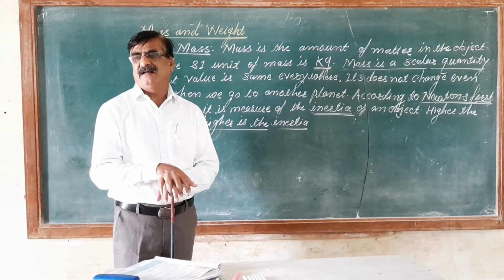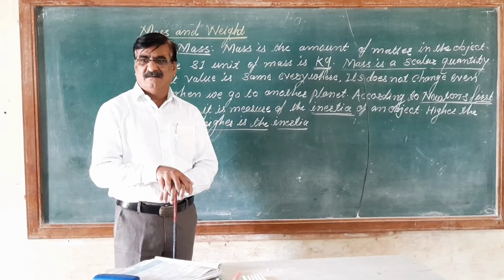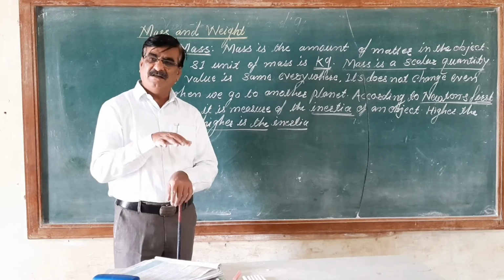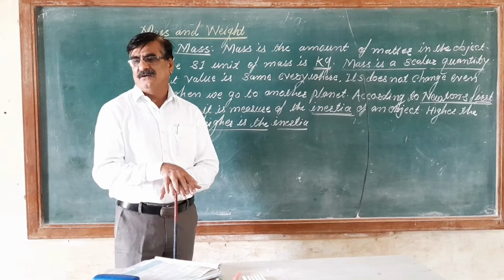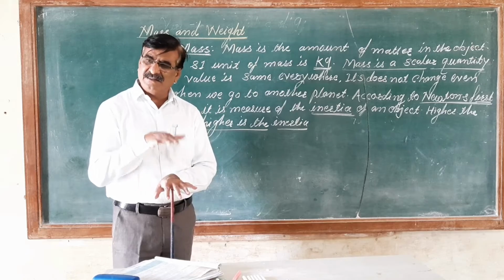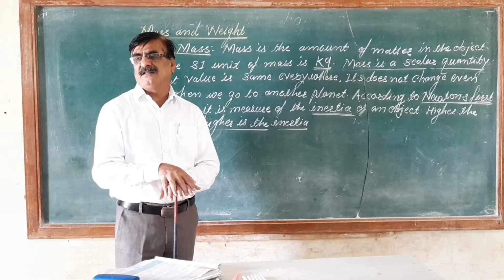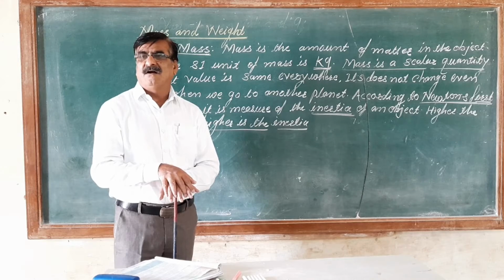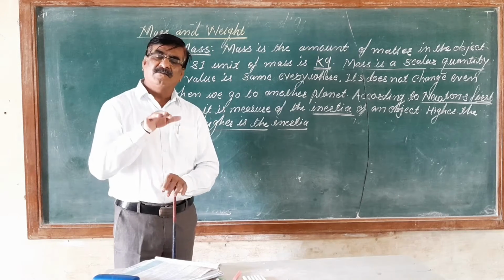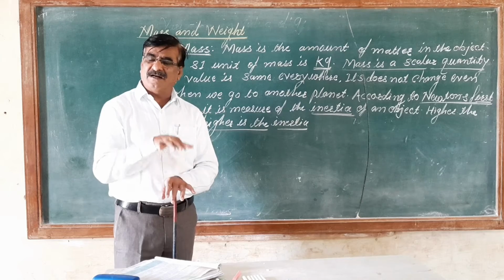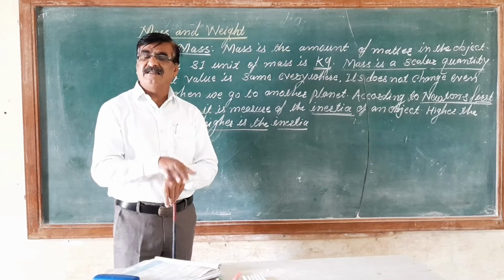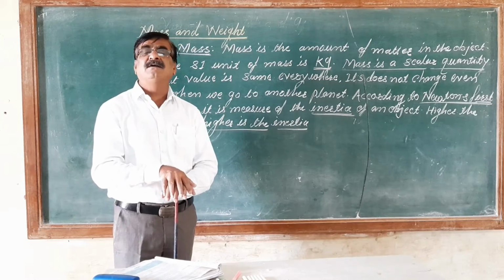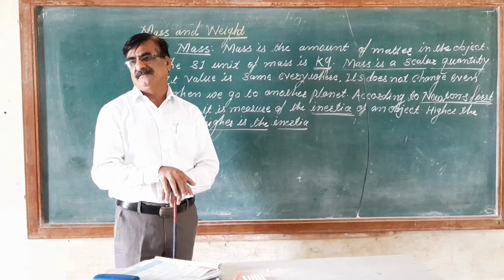उसका मतलब ये है जितना भी किसी ऑब्जेक्ट का पदार्थ का मास ज्यादा होता है उतना ही ज्यादा इनर्शिया होता है। और इनर्शिया किसके वजह से होता है? मास की वजह से होता है। Because the gravitational force of planets acts on that mass, inertia is directly proportional to the mass of that body.